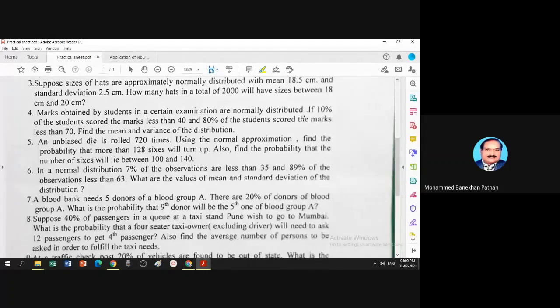The reason is, if you study marks, if you make a record of marks, suppose for 100 students, you can try this experiment.